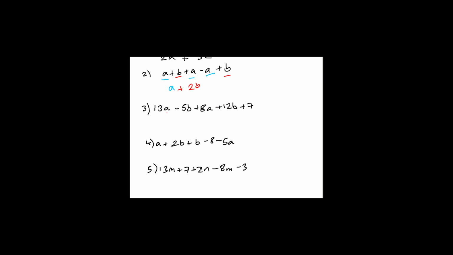So you've got the A here, normal A. So what's 13A plus 8A? It's 21A. Then you got the B's here and the B's here. Minus 5B plus 12B. What's that? So that's plus 7B.